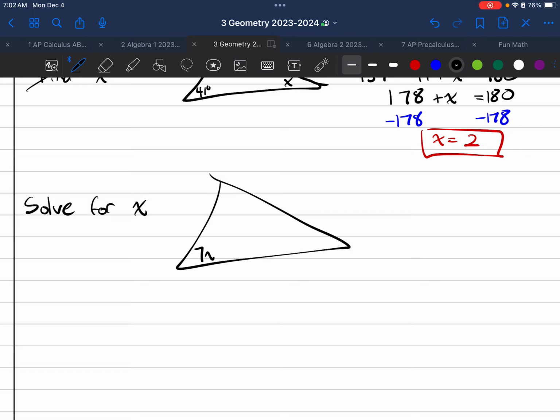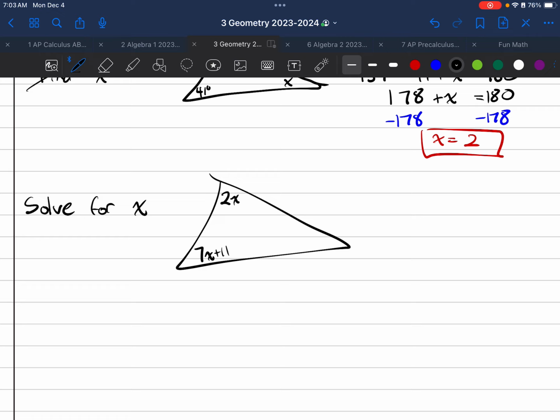What if I put like a 7x plus 11? Let's put like a 2x, and let's put in, let's see, 9. I want to make the numbers come out nice, so this can be 169. So what's 169?